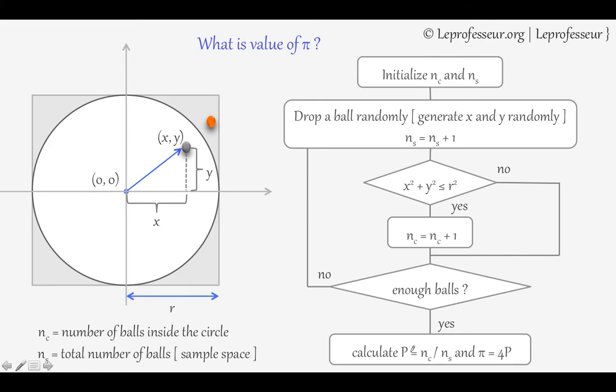So we get the probability, and pi would simply be 4 times the probability. So it's a very simple algorithm, and this is the base of Monte Carlo based algorithms.